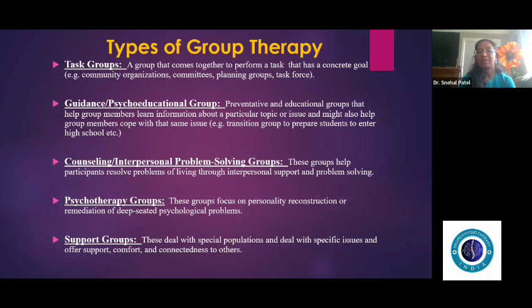Support groups deal with special populations, for example Parkinson's disease, spinal cord injury, multiple sclerosis or ALS, and deal with the specific issue and offer support, comfort, and connectedness to each other. In India, we have multiple support groups for individual diseases, like the Parkinson's Disease and Movement Disorder Society India, which has different branches, the Multiple Sclerosis Society of India, and spinal cord injury groups. Some are in Mumbai, Delhi, Hyderabad.